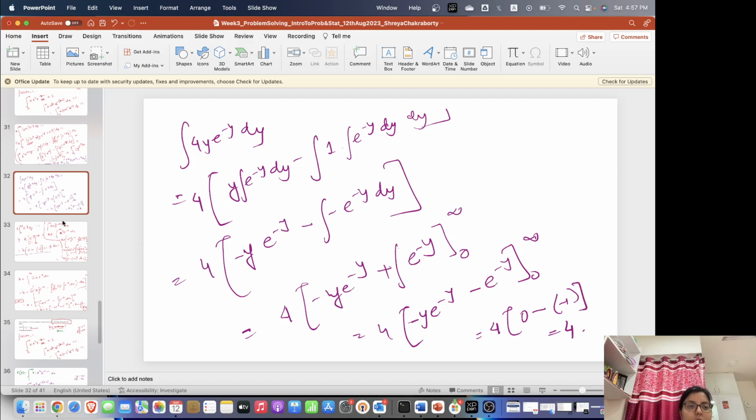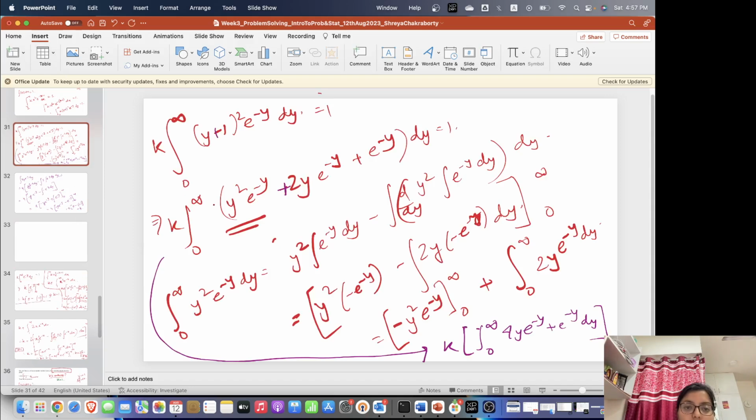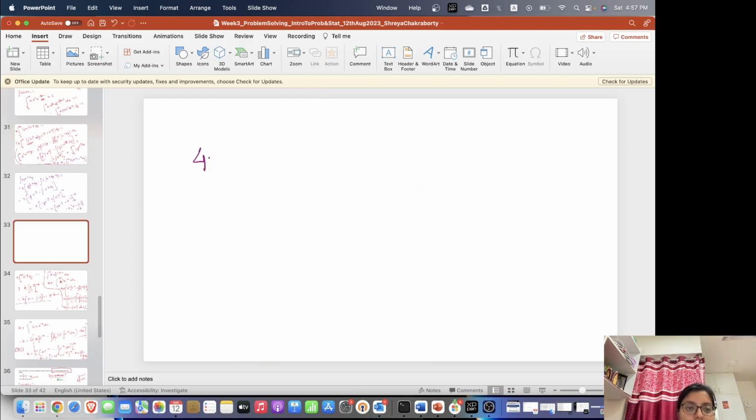Alright. So then we'll have some value of k here. This thing came around to be 4. So we have 4k into 4 plus integration 0 to infinity e to the power minus y dy.